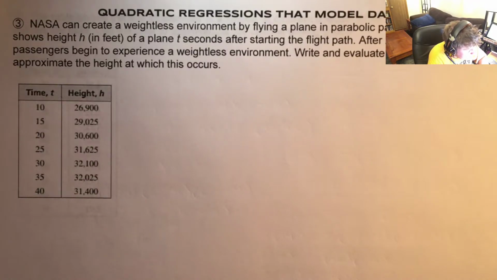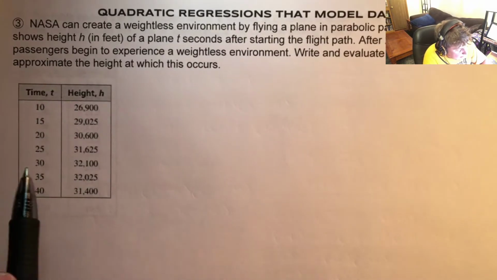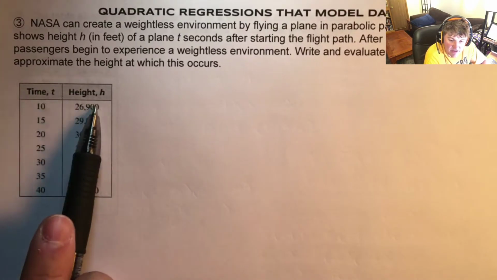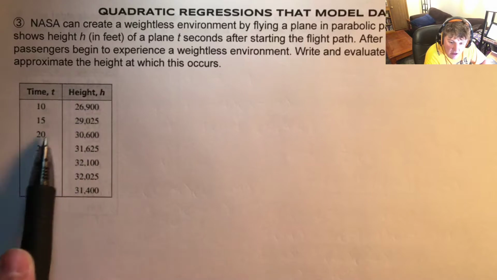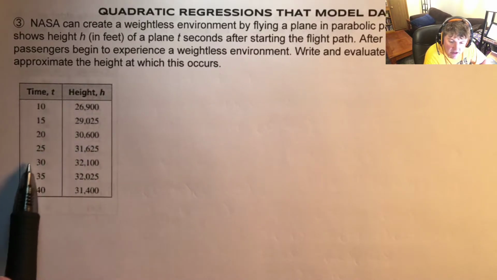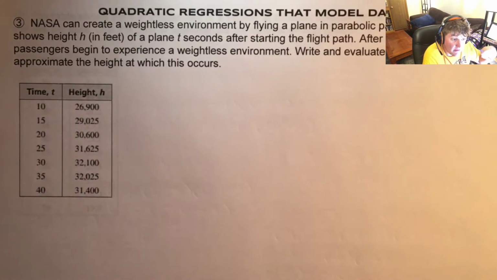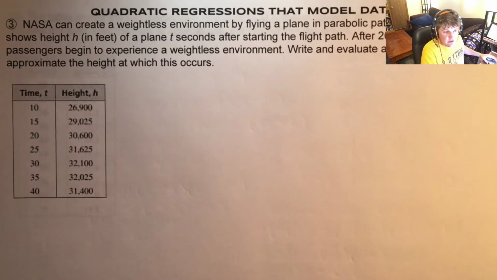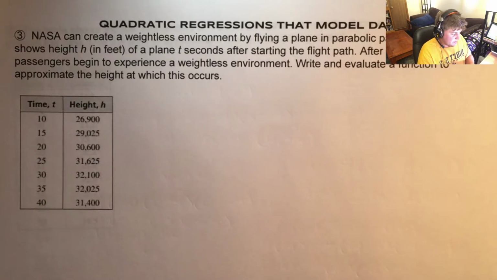After 20 seconds, the passengers will begin to experience a weightless environment. Write and evaluate a function to approximate the height at which this occurs. Here we just have a bunch of numbers, times and heights, that coordinate together. If we were to plot them, they give a curve. So let's get our calculators out. The calculator's going to do most of the work on this problem.